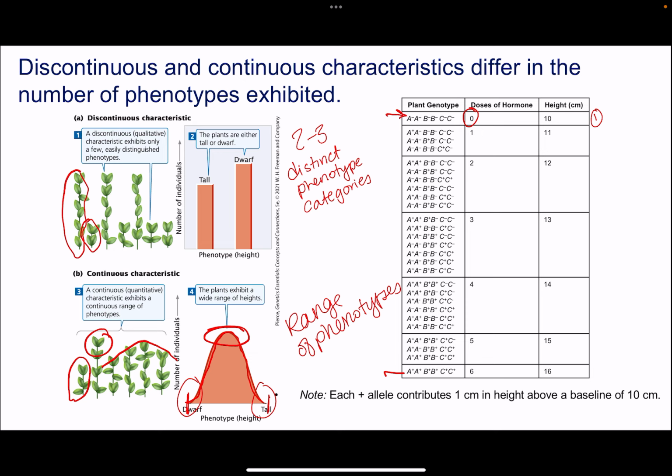But in the middle here, we get this whole range. All of these combinations of traits produce different doses of hormones, and so we get different levels of height. And usually, more genes equals more phenotypes. And that is very characteristic of a quantitative trait.